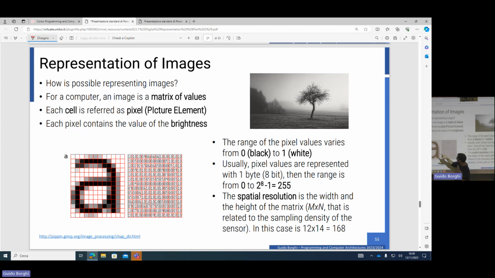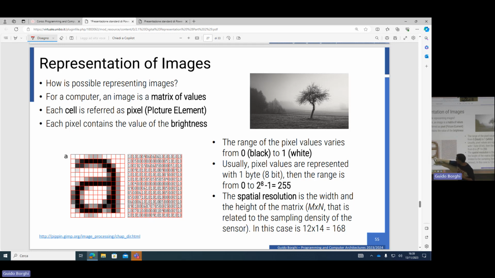Conversely, where we have black, here we have the value 0. The black color is the minimum amount of brightness that we can have in the image, of course. So we have the two extreme components, black and white. All the other levels of brightness correspond to other ranges of values.